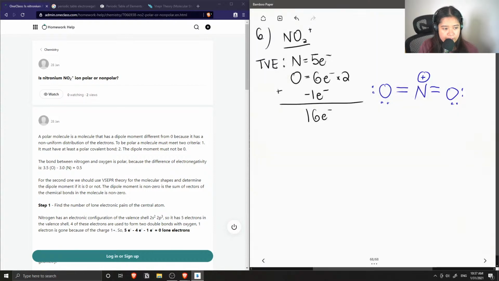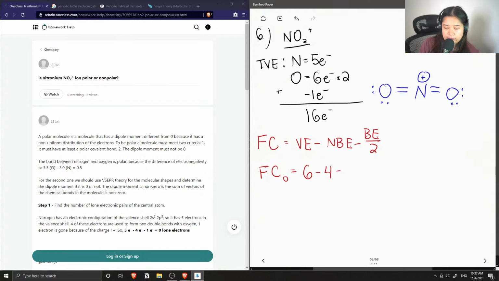So let me show how we can calculate that charge by using the formal charge equation. This is the number of valence electrons minus the number of non-bonding electrons minus the number of bonding electrons divided by 2. For both of the oxygens, they have 6 valence electrons, 4 non-bonding electrons, so the lone pairs, and each of them have 2 bonds, so that means we have 4 bonding electrons divided by 2.